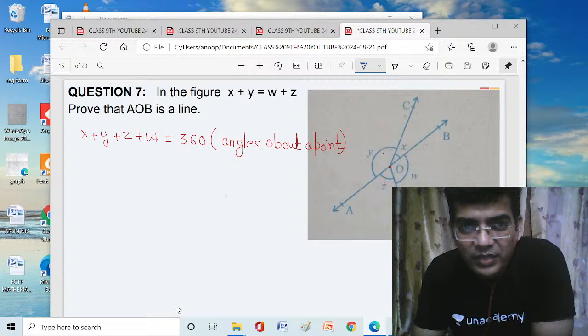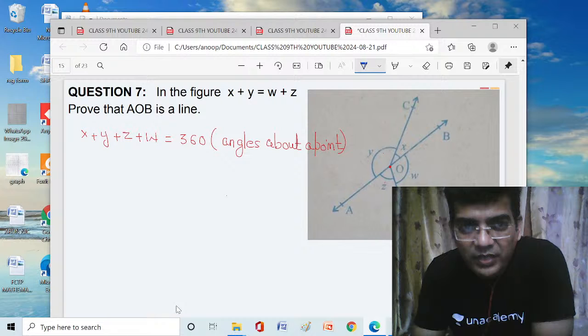So x and y are giving a linear pair, right? And as you know that for a linear pair, non-common sides, these two sides which are non-common, they always fall on a straight line. So we can say XOB is a straight line.